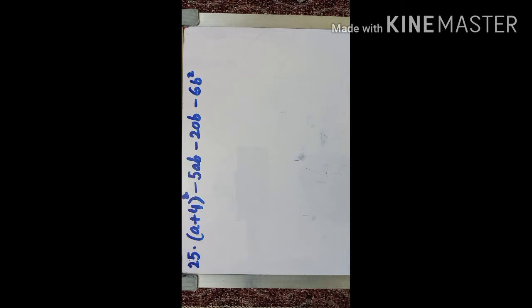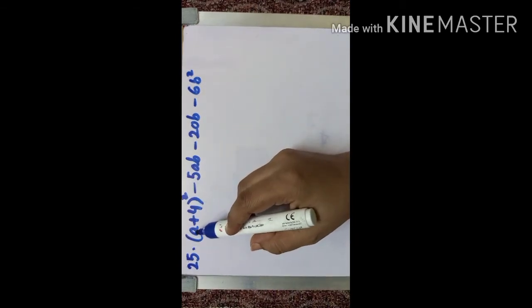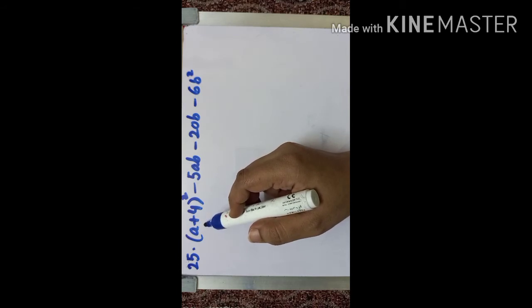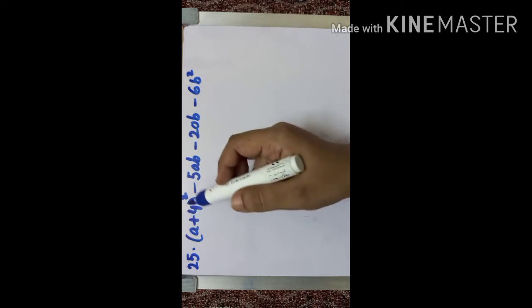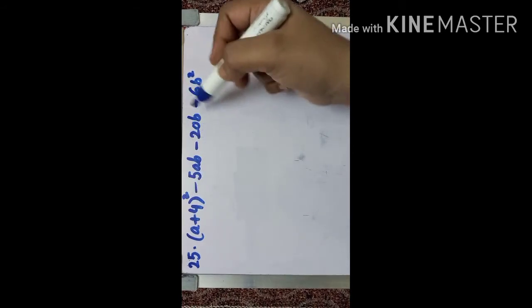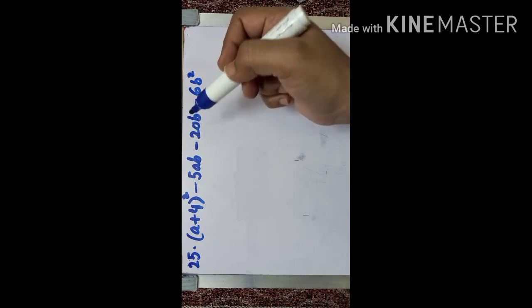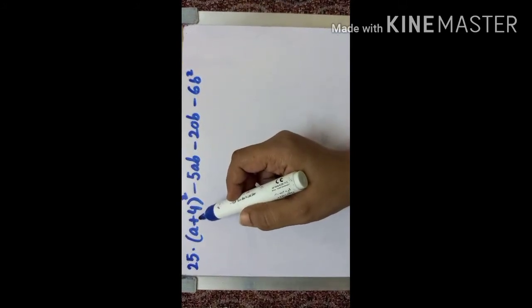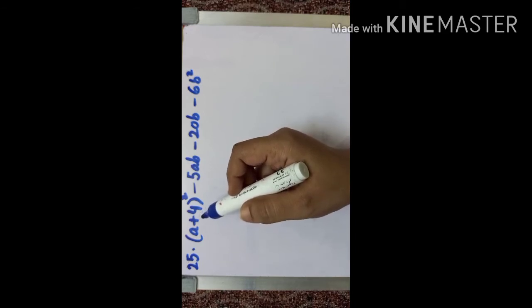This problem also, you can see here, a + 4 you can take as x like you have done in the earlier problem. In that problem there was (a + 4) squared, and somewhere else also a + 4 was there, so you took a + 4 as x, but over here you have just one a + 4.